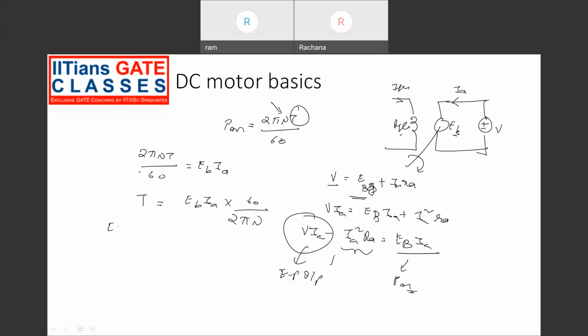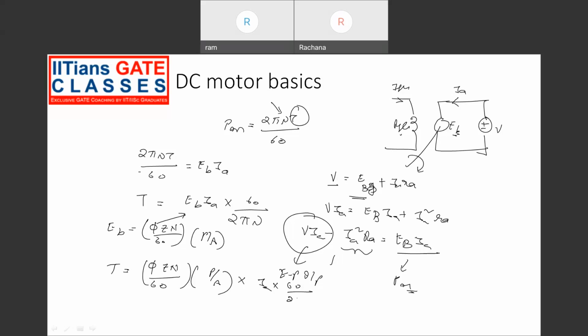So we know that Eb equal to phi Z N P by 60 A. If I substitute Eb here, we have torque equal to phi Z P Ia by 2 pi A. Z, P, A are constants, so I can write torque is proportional to flux into Ia.